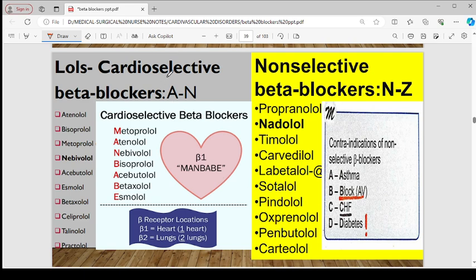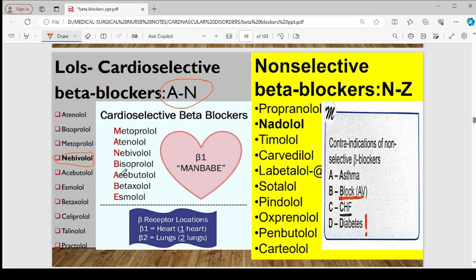So for the cardioselective, these are drugs that specifically will target the heart. And for us to remember that, we can use a mnemonic, the alphabets from A to N. This will show all these are the cardioselective beta blockers, all right, from A to N. And you can see our N in this case is with E. All right, so examples, we have atenolol, bisoprolol, metoprolol, nebivolol, esmolol, betaxolol, celiprolol, talinolol, and practolol.